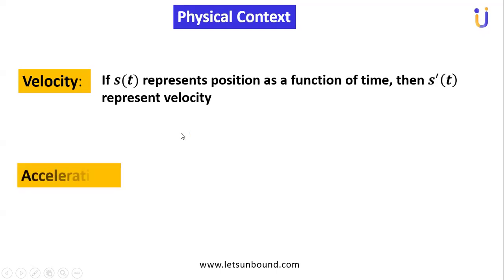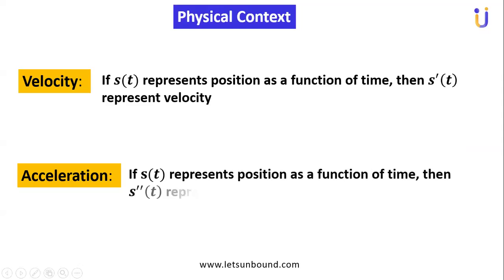And acceleration, same. If s of t represents position as a function of time, then s double dash of t will give you acceleration. What if you don't have position, and they give velocity? Then v dash of t will give you acceleration. This is all about physical context.